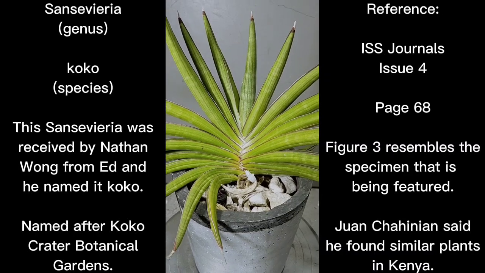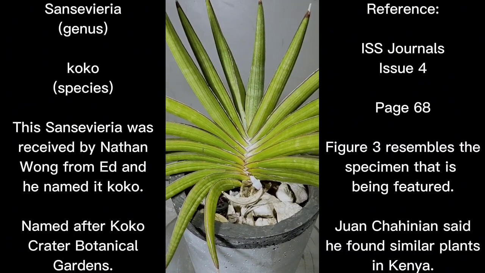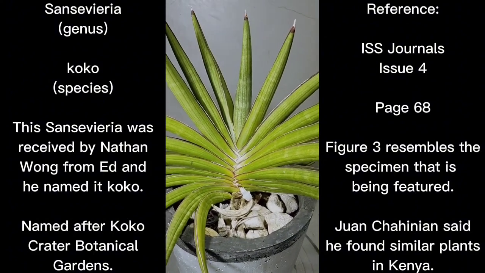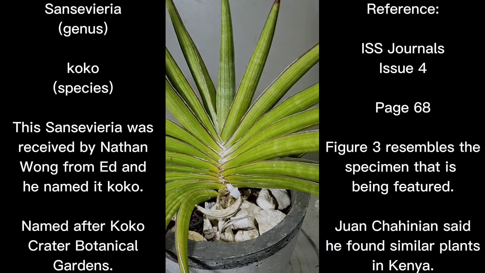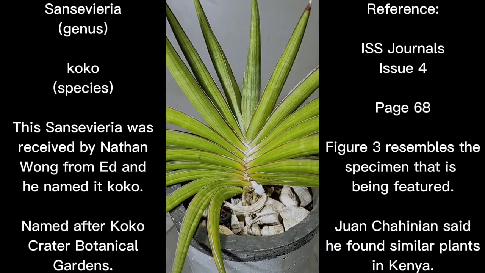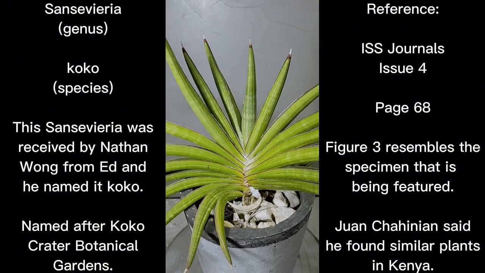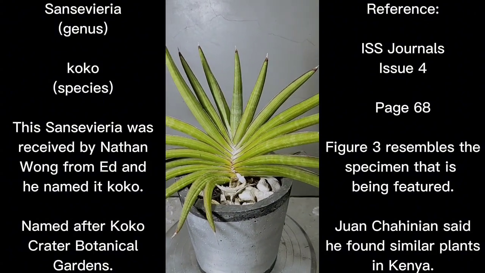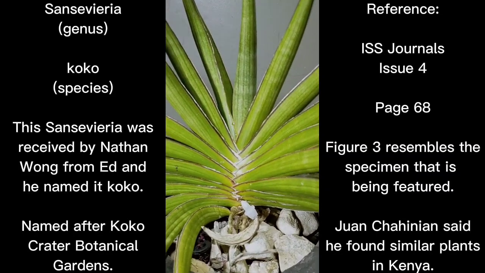So you have volume 1, 2, 3, 4, and this Sansevieria that we are discussing is in volume 4. You will see a picture there of Sansevieria koko, and it is labeled as figure 3, and it is the exact replica of what I am showing you right now, and it is the one that they described as red edges.